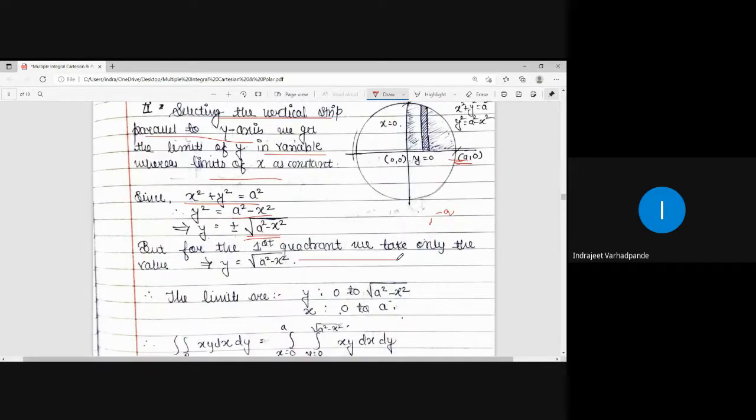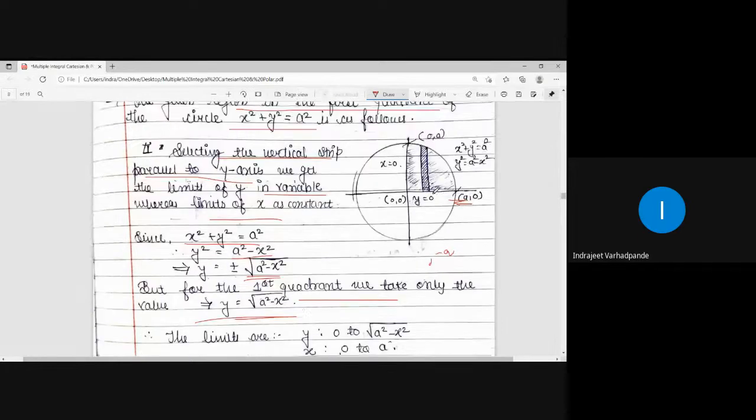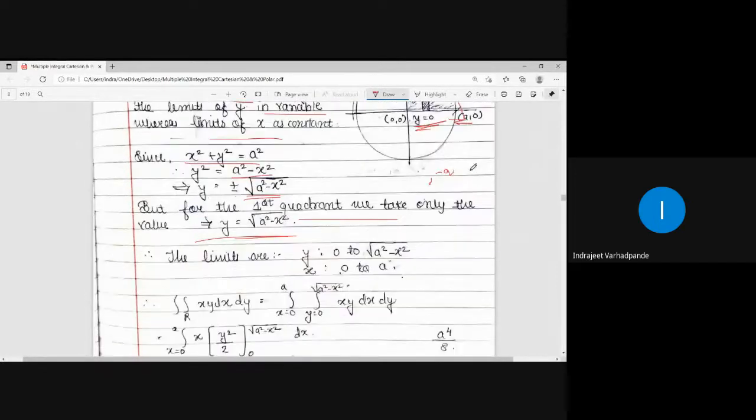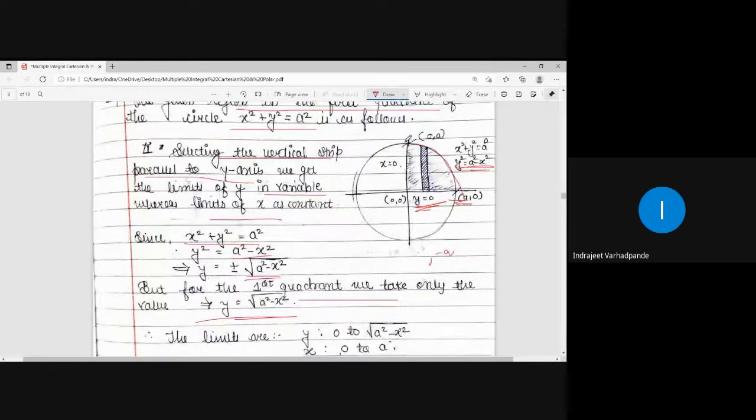For the first quadrant, we take only the positive value, that is y is equal to under root of a square minus x square. So limits of y become y equal to 0 to under root of a square minus x square. Limits of x become x equal to 0 to x equal to a.